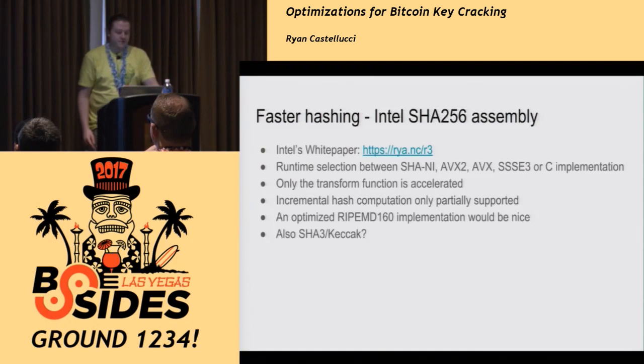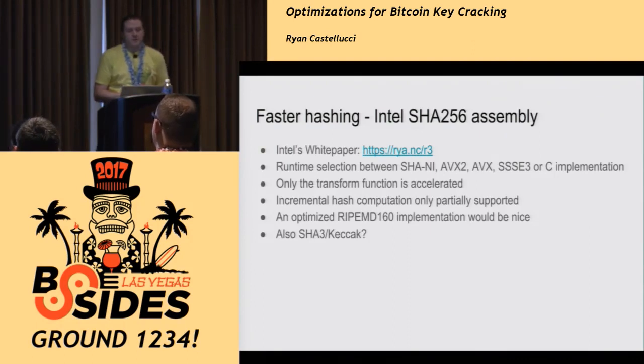SHA-256 for brain wallets is important. It's also used in anything that's looking at Bitcoin addresses. So Intel put out a bunch of assembly implementations of SHA-256 using instruction set extensions on Intel processors.